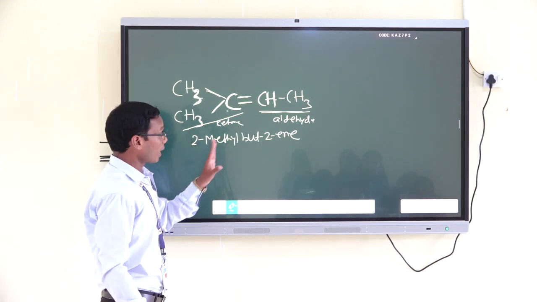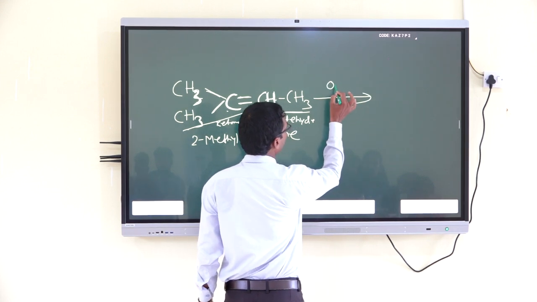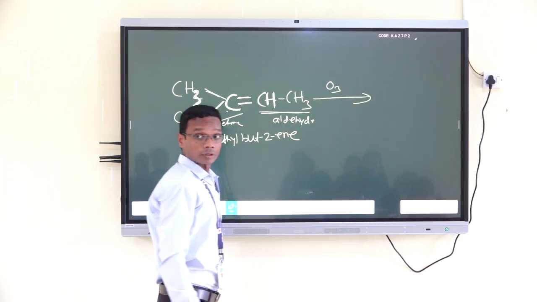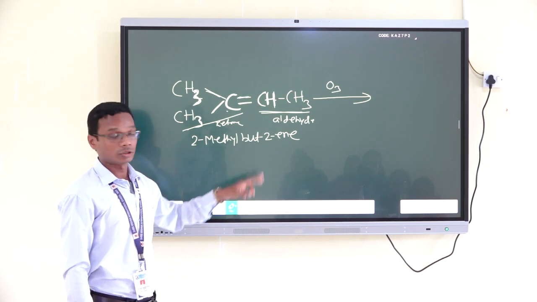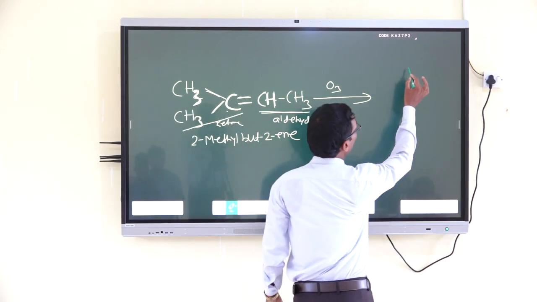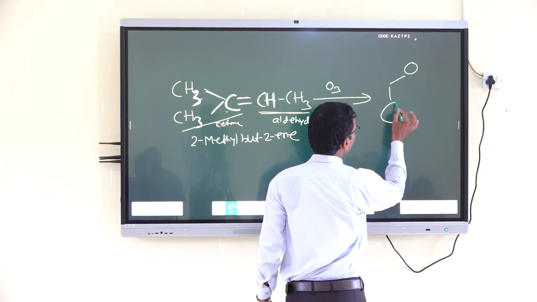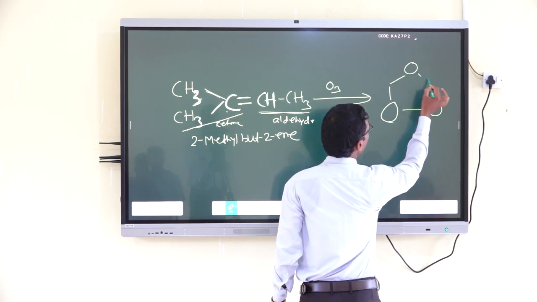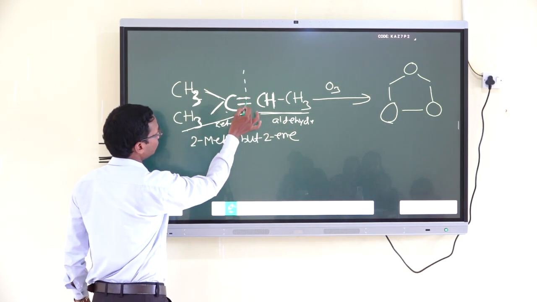Okay, now let's find the mechanism. It will react with O3, ozone. Then how will ozonide form? This is oxygen, and this double bond will break.